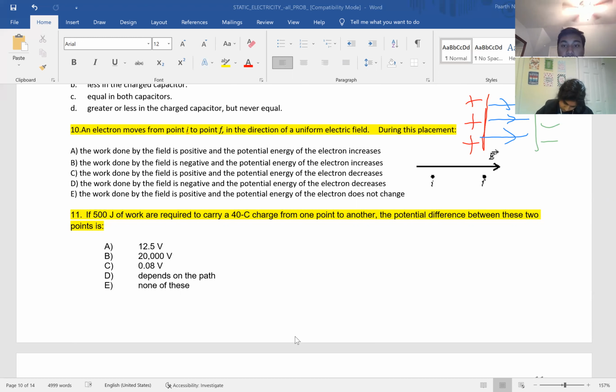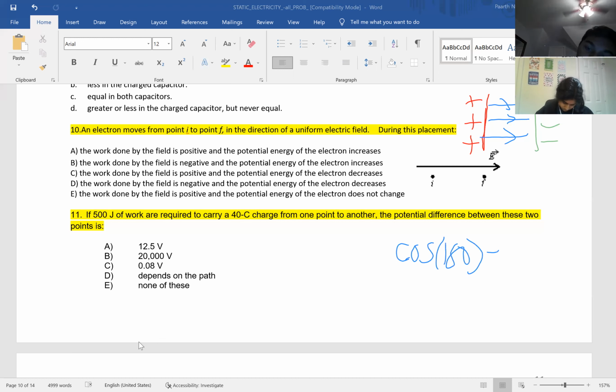So automatically, you know that your electric force and the displacement are in opposite directions. You could think of it as cosine of 180 degrees, which is also -1. That's one way of looking at it.